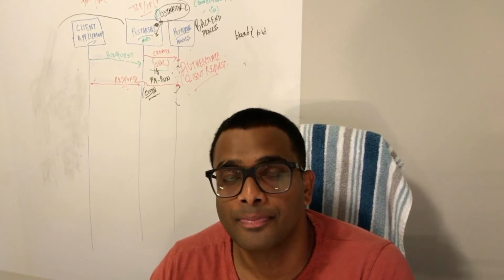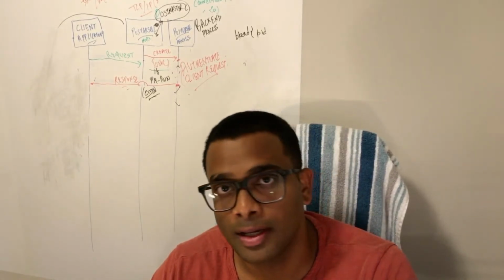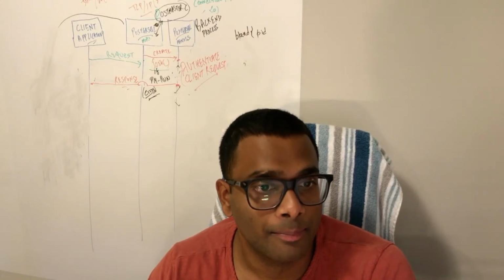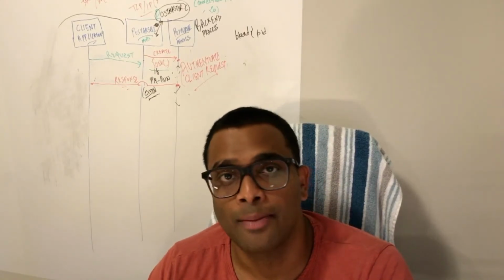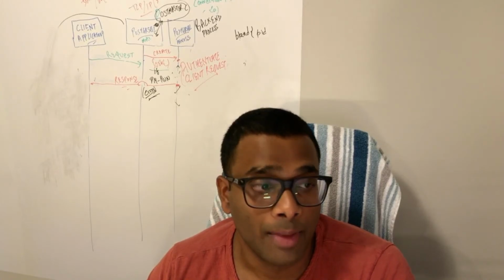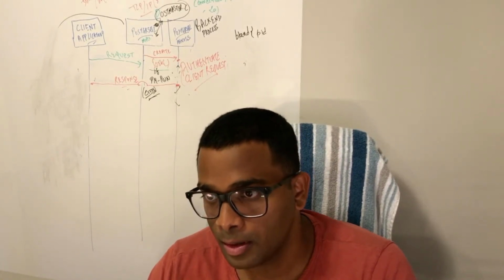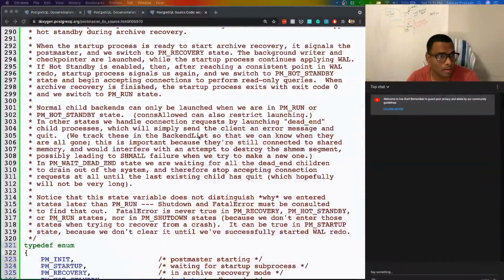The reason behind that is that if you're getting an error when you're running your SQL, it means postmaster.c is not in the PM run or PM hot standby state. Okay, let's keep moving. In other states we handle connection requests by launching dead end child processes.